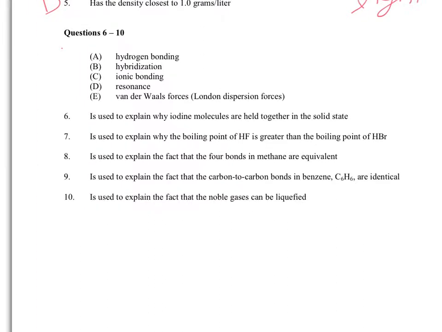All right, next group is used to explain why iodine molecules are held together in a solid state. Now, iodine molecules. So when it's referring to a molecule, that's referring to an IMF, right? Okay. Is it a hybridization? It's not even ionic bonding. What is resonance?